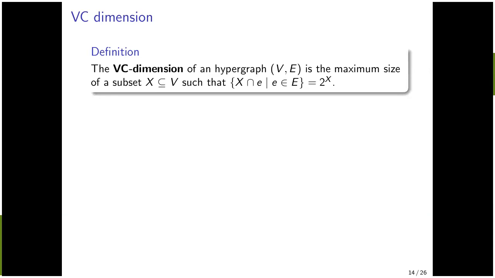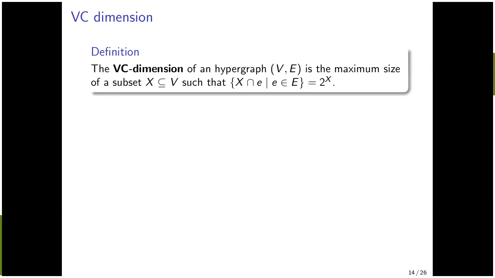So the VC dimension is a notion introduced by Vapnik and Chervonenkis. This is a notion of complexity of a hypergraph. So it's the VC dimension of a hypergraph with vertex set V and E the set of hyperedges.